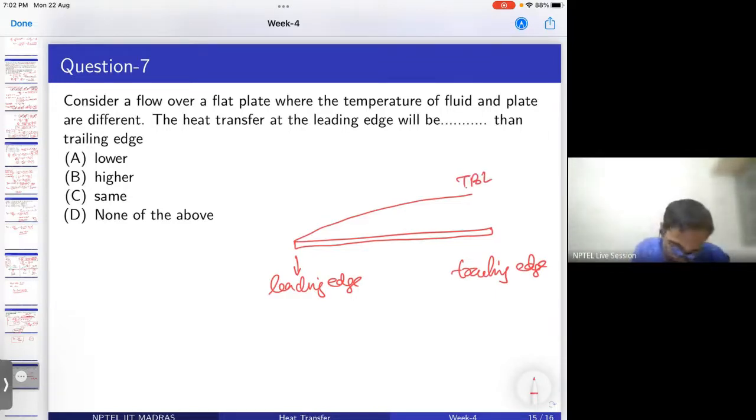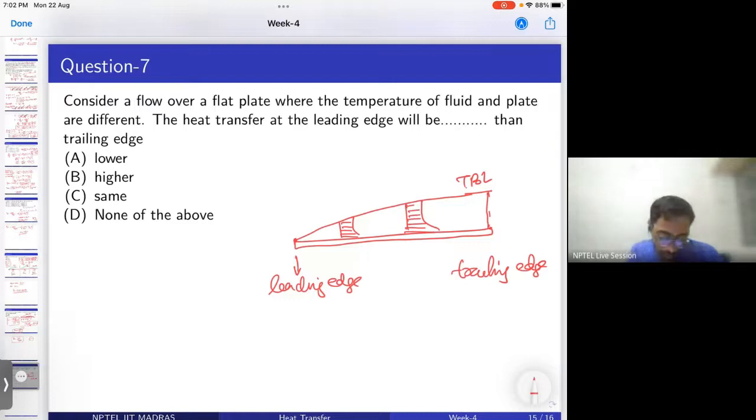I am taking two points, one is here and one is on this plate. So these are the temperature profiles.